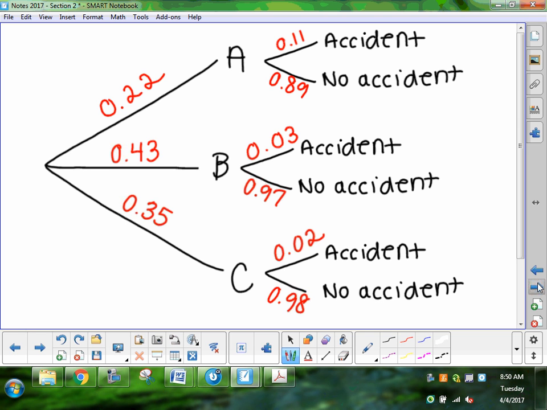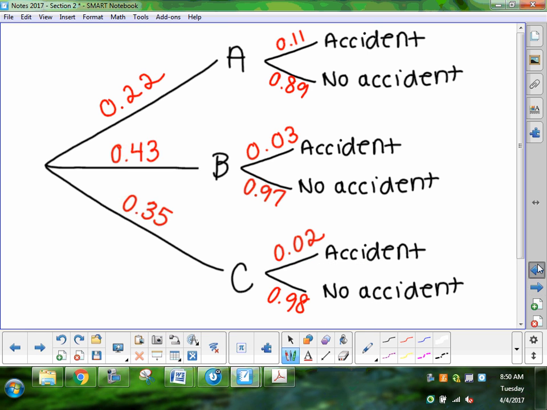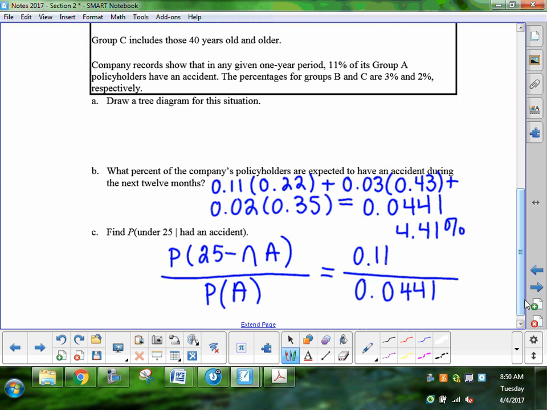So we need to do something to that 0.11 as well. How do we get to that end point? What else did we not factor in? 0.22. Remember, it's got to be both, that gets you to the total probability of the people having both. So this would be 0.11 times 0.22.